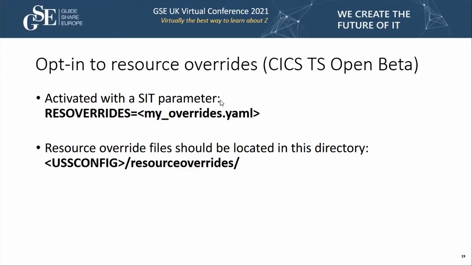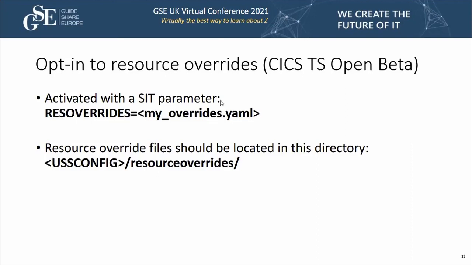Leona Darling has raised the question, does this only apply to CSD resources? What about CPSM BAS resources? Great, that's a brilliant question. The thing to think about is that resource overrides apply at install time, and they apply to any resource that's being installed, so any resource that can be installed in CICS as an RDO definable type.